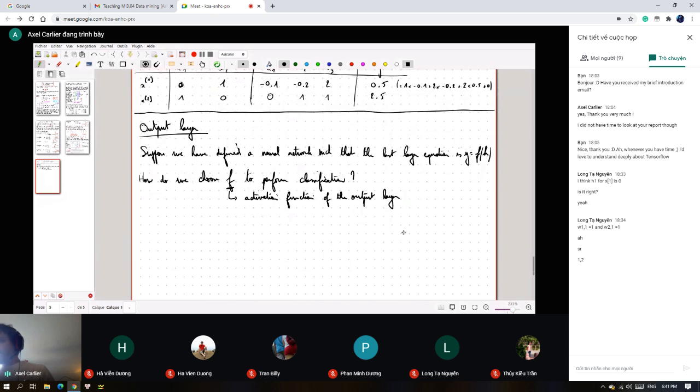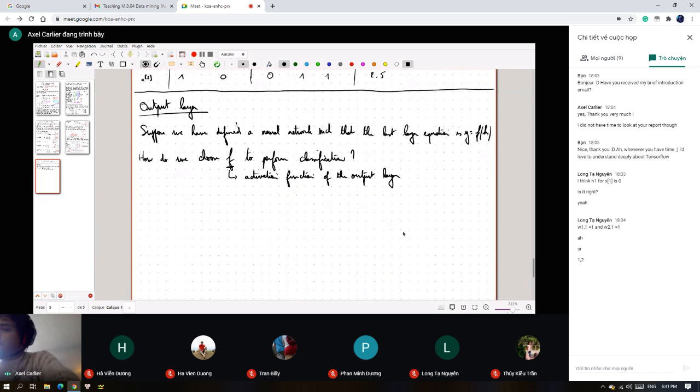Whenever we speak about classification, usually we will typically distinguish two cases. The first case is binary classification.